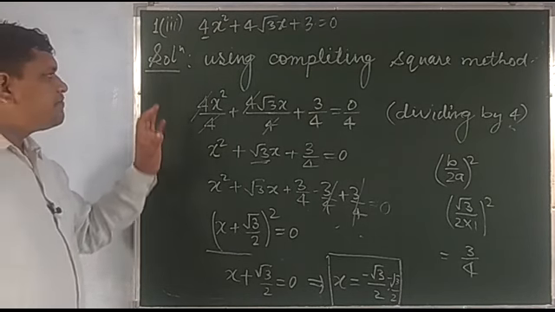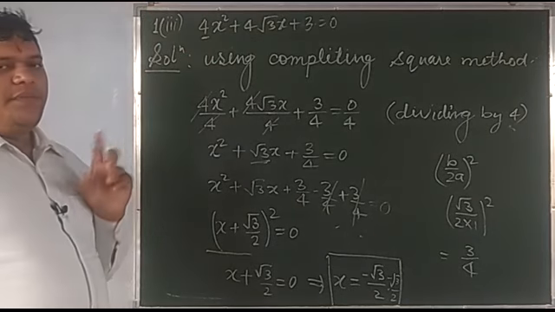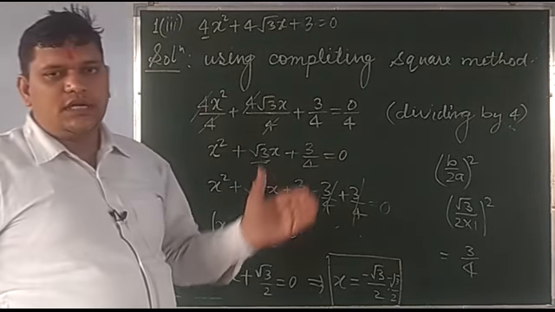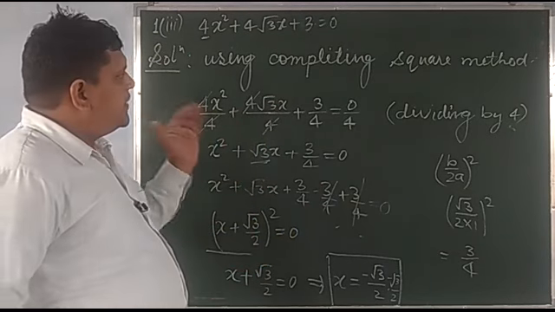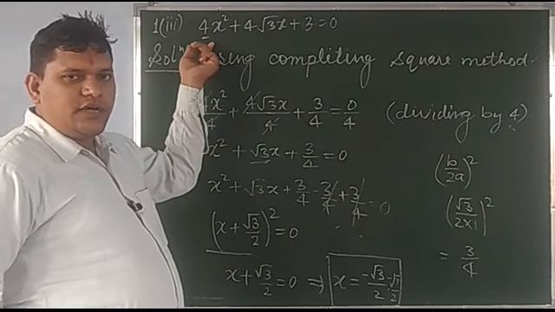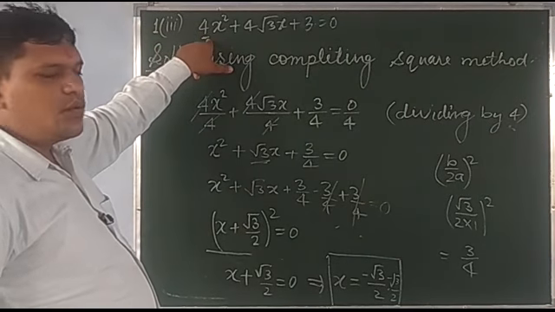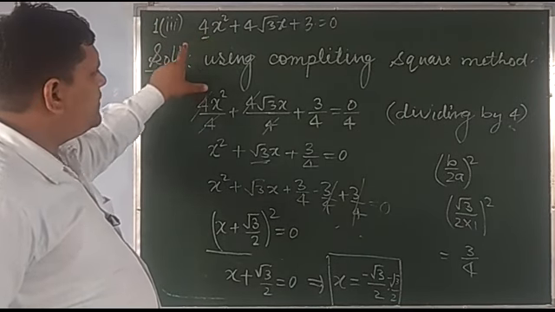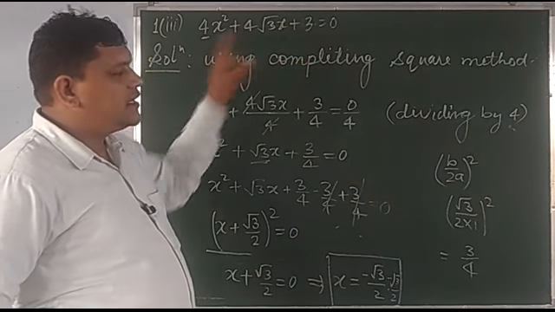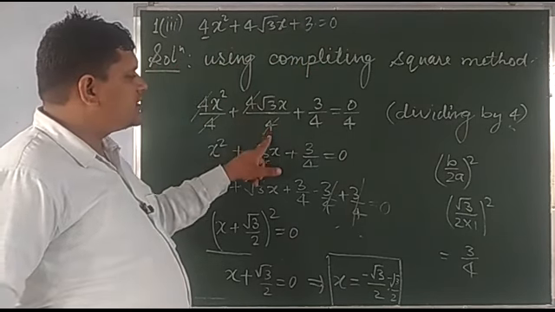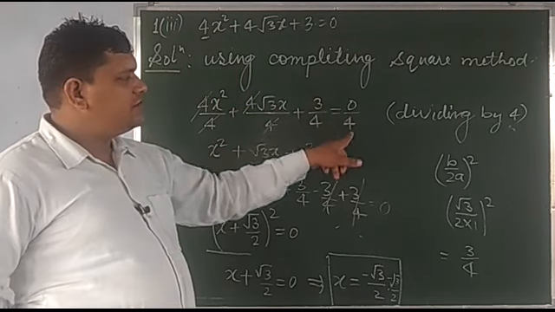Once again, for the completing square method, first of all, we will divide the whole equation by the coefficient of x square. Here the coefficient of x square is 4. That's why we will divide the whole equation by 4, 3 upon 4 is equal to 0 upon 4.